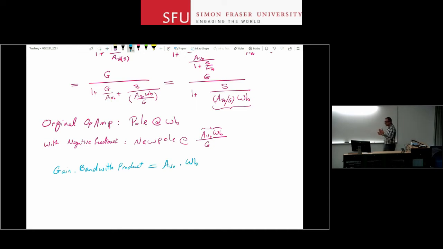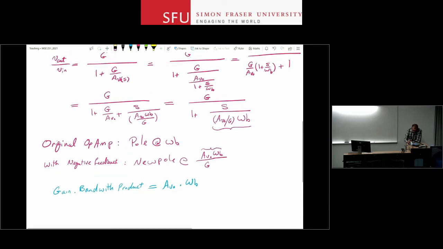For a given op-amp, you design it to have a certain gain, you design it to have a certain bandwidth, that's a constant. And it's called gain bandwidth product. Now, for this circuit, this was the location of the pole. Let's look at the gain.